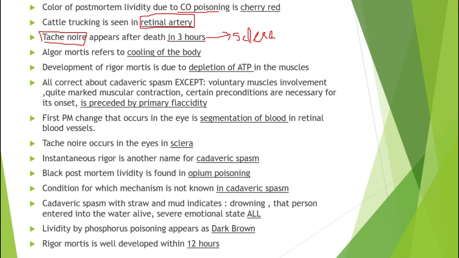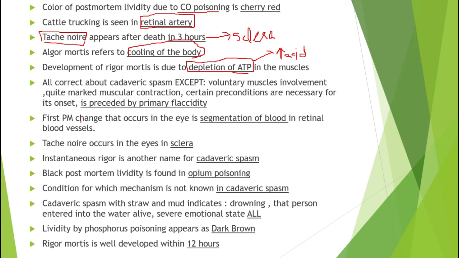Algor mortis refers to the cooling of the body, and rigor mortis refers to the stiffness of the body. Development of rigor mortis is due to depletion of ATP, and another factor which controls rigor mortis is high acidity. The next: all are correct about cadaveric spasm except voluntary muscle involvement. Involuntary muscles are involved, with quite marked muscular contraction.